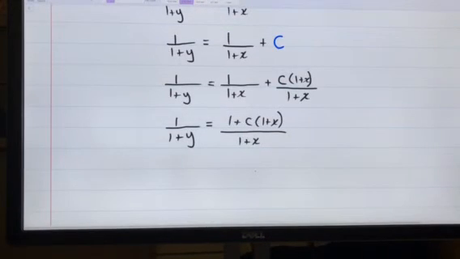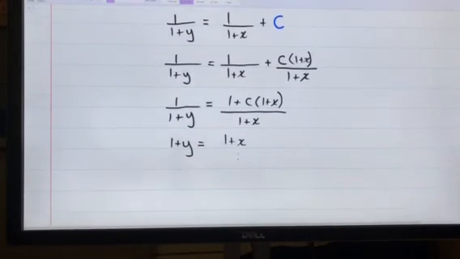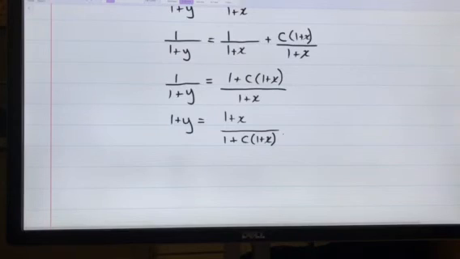Now, if I flip both sides of the equation, I'm going to have that 1 plus y is equal to 1 plus x all over 1 plus c times the quantity of 1 plus x, and just taking away 1 from both sides.